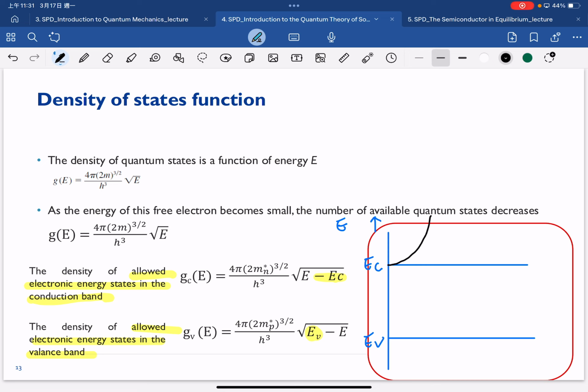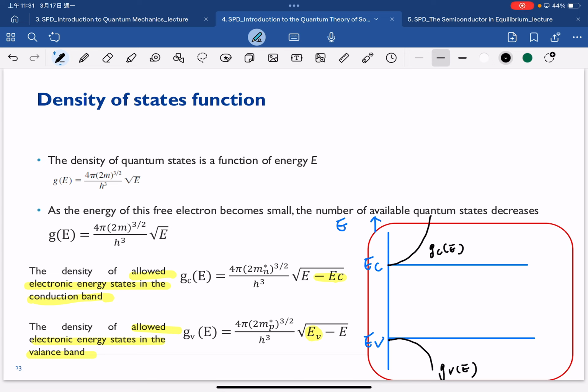This is GC(E). This is the allowed energy state in the conduction band. And this is GV(E). This is the allowed energy state in the valence band.